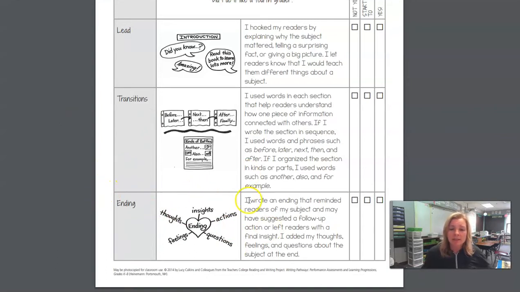So it says, I wrote an ending that reminded readers of my subject and may have suggested a follow-up action, or left readers with a final insight. I added my thoughts, feelings, and questions about this subject at the end. So these will give you some hints on how you can end each chapter.